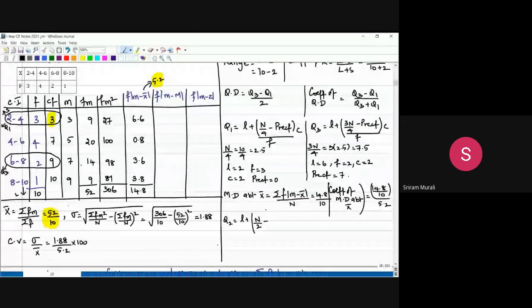So for mean deviation about median, I must know what the median is. The formula is L plus N by 2 minus pre-CF divided by F into C. So what is N by 2? 10 by 2 will be 5. So in the CF, the fifth observation is here. So this is my Q2 class.